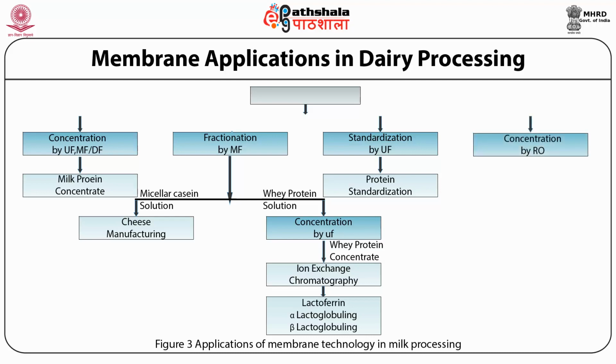Then concentration of skim milk by RO will raise the TS of skim milk from its normal total solids of around 8 to 9% to 25 to 28%. And this is one of the most energy efficient methods for concentration. Such retentate is used in ice cream manufacturing.